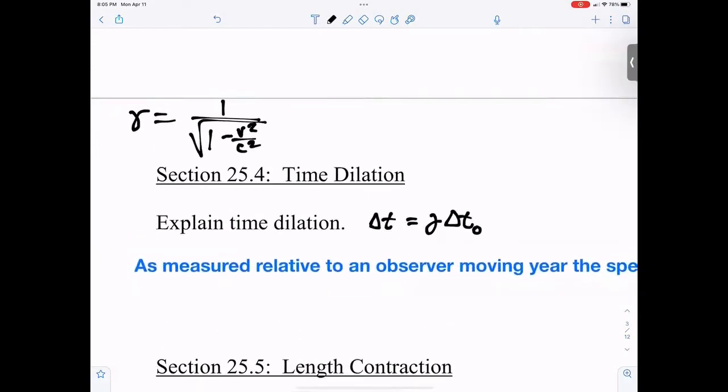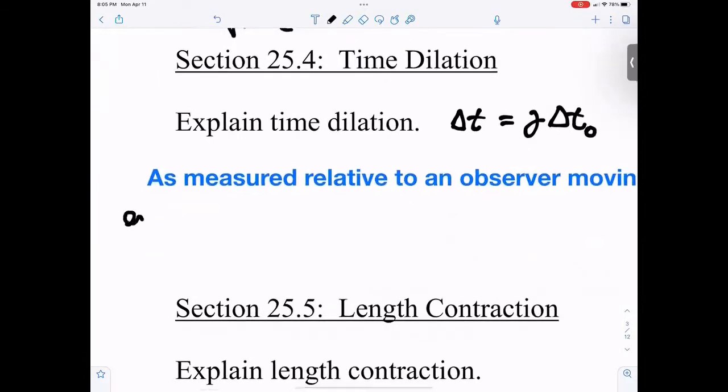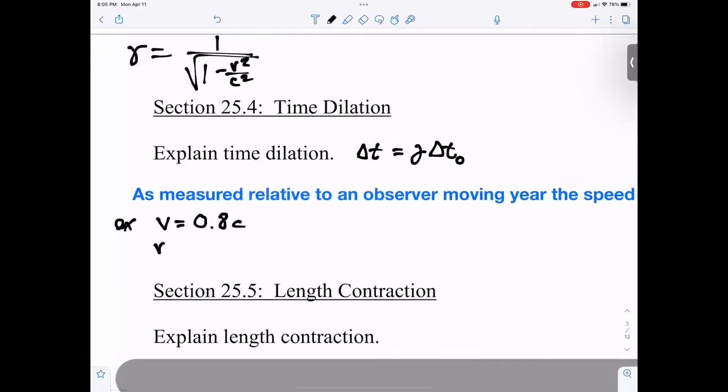And so if we do a quick little example here, let's say we have an object moving at 0.8 c, 0.8 times the speed of light. What I would do is figure out what v squared is, because I have to plug that in here. So v squared would be 0.64 c squared, when I square both 0.8 and c.